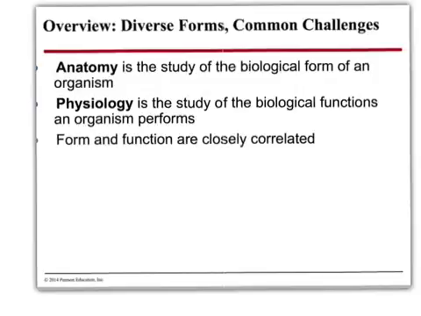And we know structure and function throughout biology is directly related. So anatomy is looking at the form of an animal or organism, physiology is looking at the function. And remember that they are very closely related throughout the organism itself.